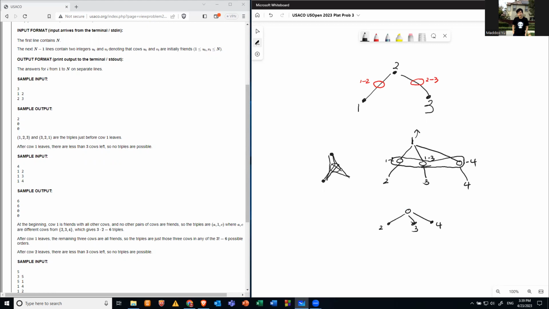So let's make it simpler. Let's say we have nodes A, B, C, D, E. B and D are relationships. A, C, E are the original cows.